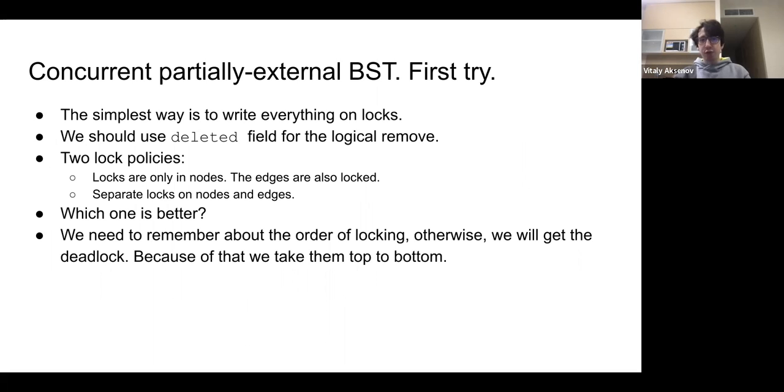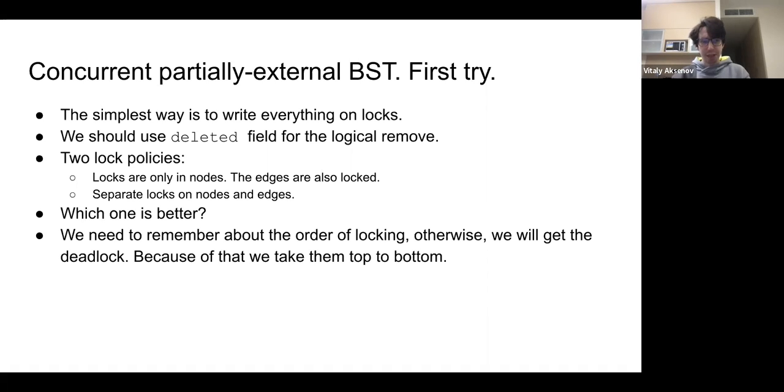The simplest way to do that is using locks. Also, we can use a deleted field to mark the node as logically deleted, which will be physically deleted later. It is the standard trick that you should be aware of from linked lists.